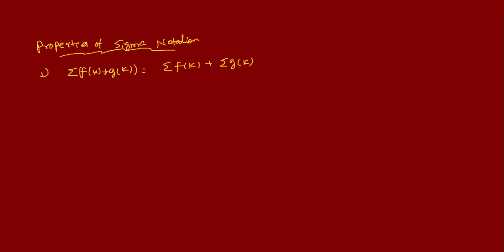Okay, wait. If plus or minus is there, you can separate them. This is the first property. You can note this down. This is very important. If C is any constant, then C will be outside.